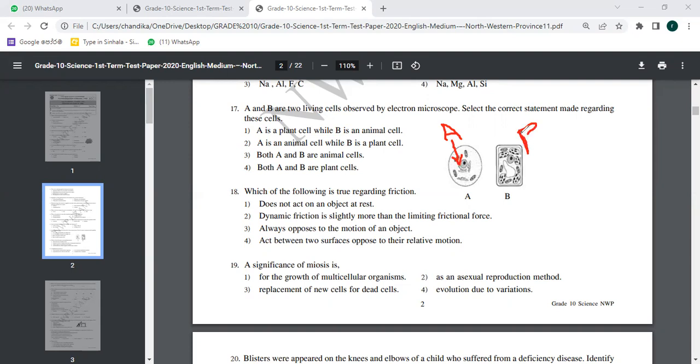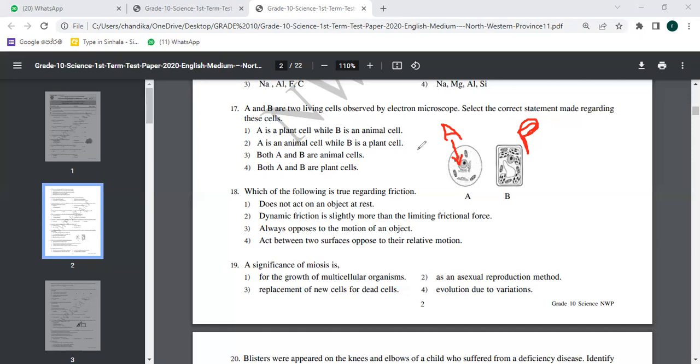The first one is an animal cell, the second one is a plant cell. A is a plant cell while B is an animal cell. A is an animal cell. B is a plant cell. Both A and B are animal cells.